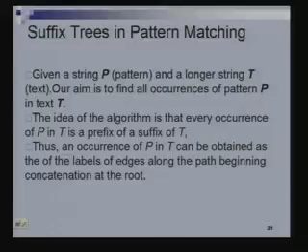Okay, so this is the key idea that we are exploiting in pattern matching. So given a pattern P and a text T, our aim is to find all occurrences of pattern P in the text.